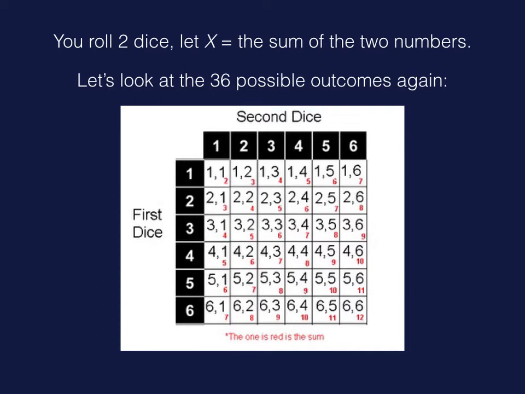Out of the 36 possible outcomes, you just have to count how many ways there are to get the various outcomes. Looking from the smallest possible value first is 2, and there's one way to get a 2. Then 3, there's 2 ways that can happen. Then there's 4, that can happen 3 ways. 5 can happen 4 ways, and so on.